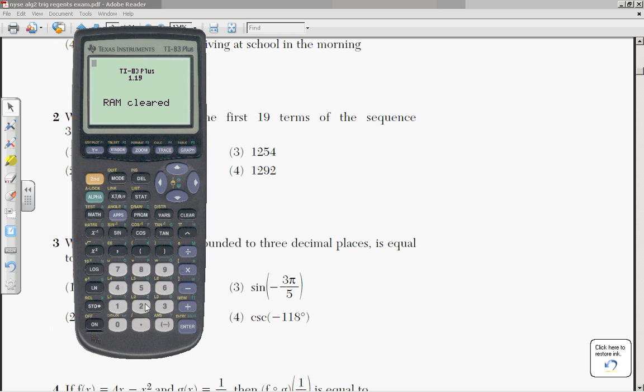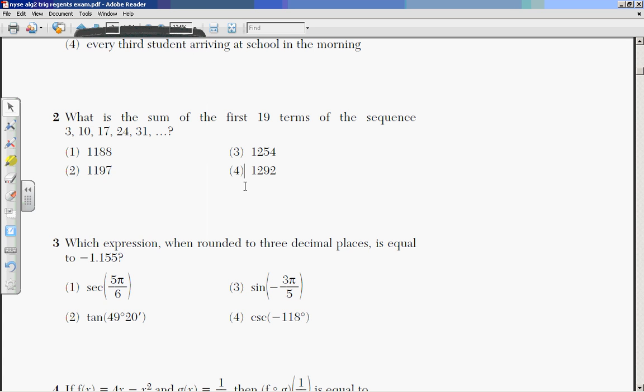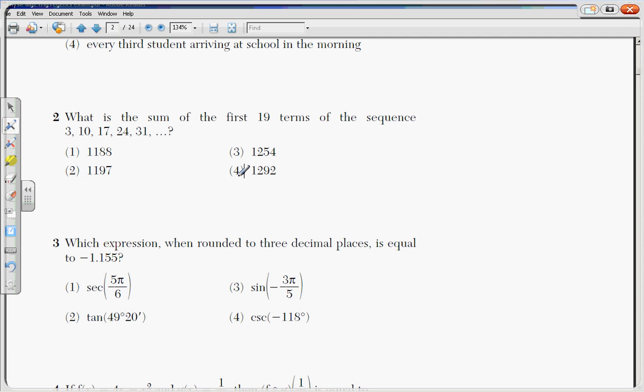So 19 over 2, in parentheses, you go 19 divided by 2, times 132, like that. And you have 1,254. Anytime you're entering a fraction using your graphing calculator, you have to group it in parentheses. So your answer for number 2 is option 3.